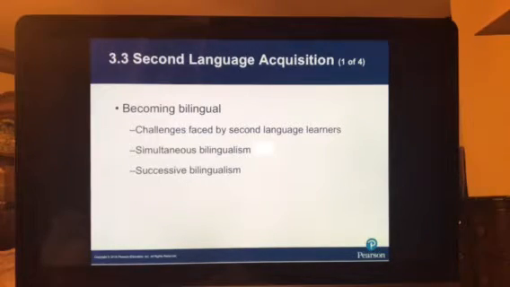We learn a second language simultaneously, alongside our primary language, or successively. So we first know our primary language, and then we learn our second language after understanding the rules of the primary language.